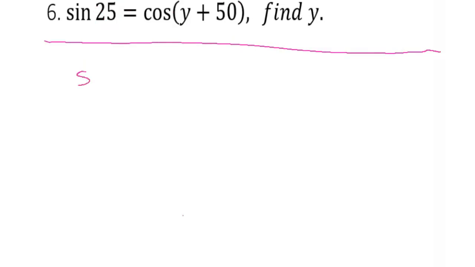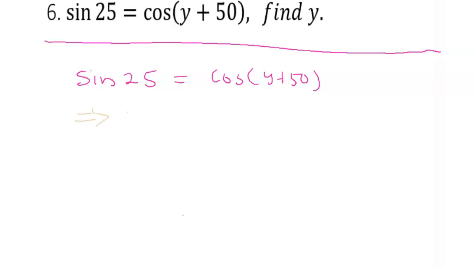So you have sine 25 equal to cos of y plus 50. As I said, with this type of equation, always make use of complementary angles. So whatever you have here and whatever you have here, you put them together and then equate them to 90.